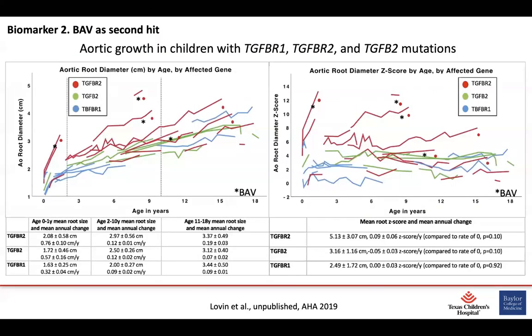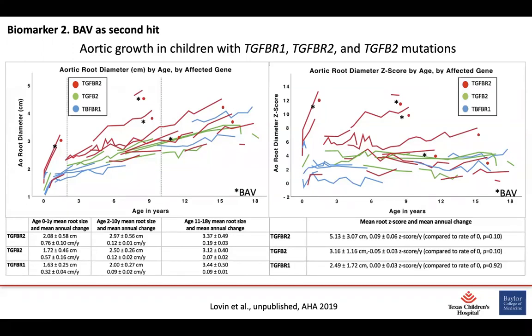This is similar data from our cohort in Loeys-Dietz syndrome. So just to orient you to these two graphs, this first graph is aortic root diameter. These are the mean growth rates. This is aortic root Z-score. And each line is an individual patient. The red lines are patients with TGF-beta2 variants. The blue lines are TGF-beta1 variants, and the green lines are TGF-beta2 variants. The dots are patients who required an intervention, and the stars are patients who have bicuspid valve.